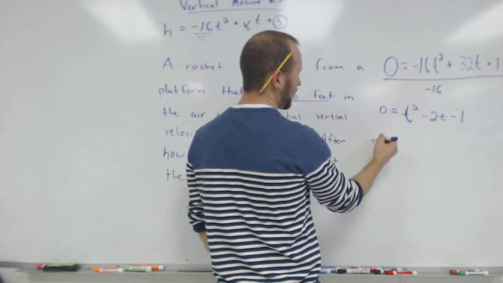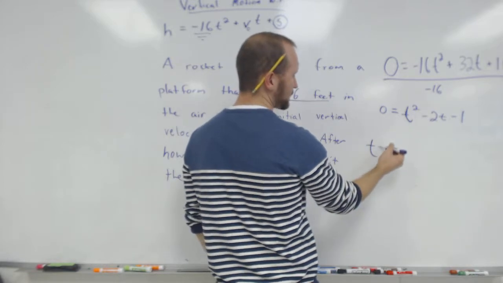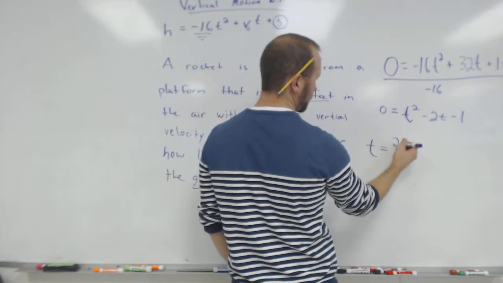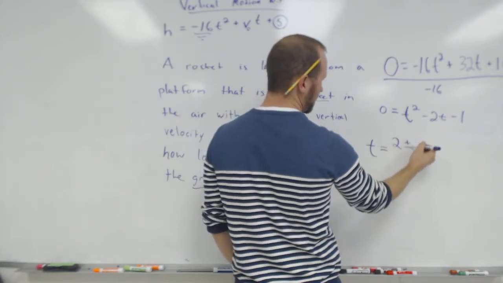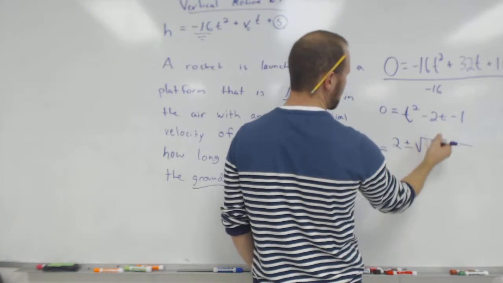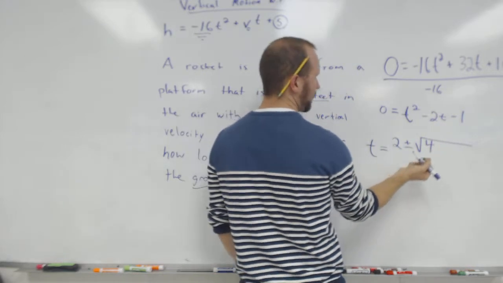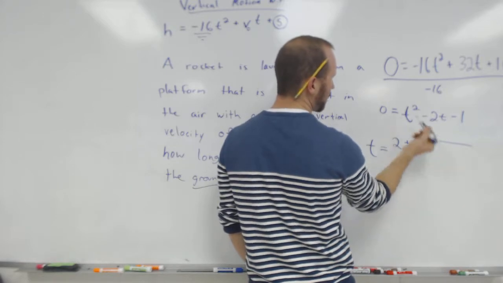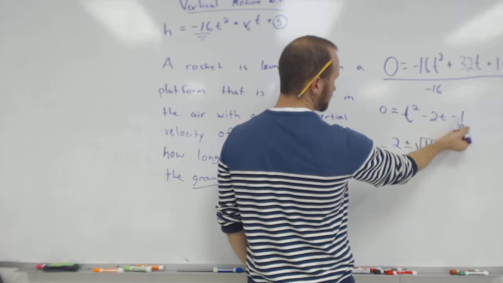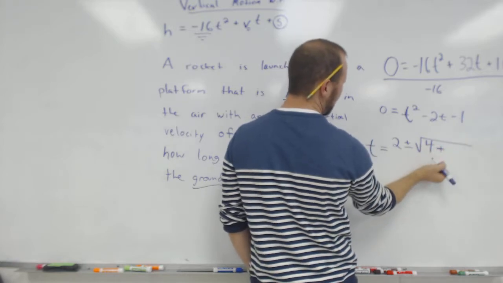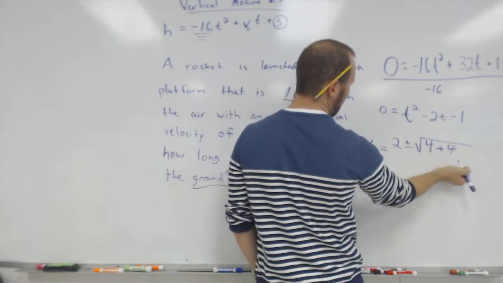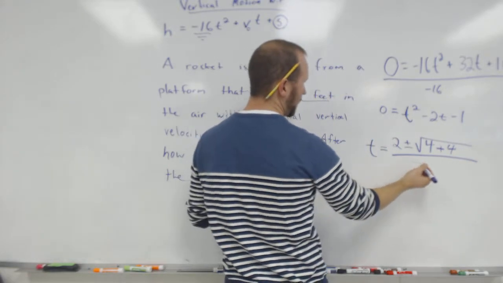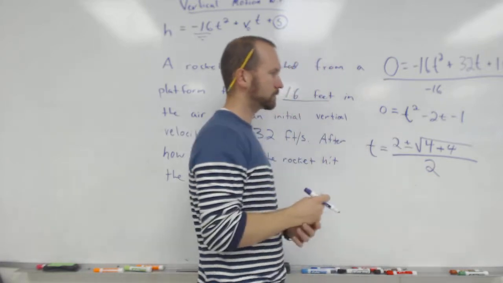Okay, so quadratic formula, instead of x equals, is now t equals. So t equals negative b, which is 2, plus or minus the square root of b squared, so 4, minus, except it's not minus, because it's minus 4ac. Since the c is negative, that makes this plus 4, over 2a, which is just 2.